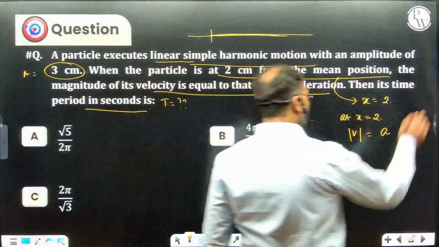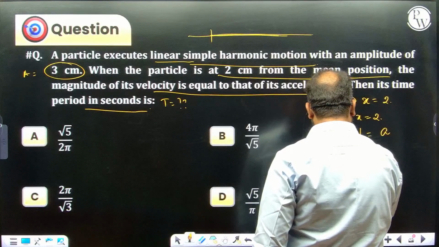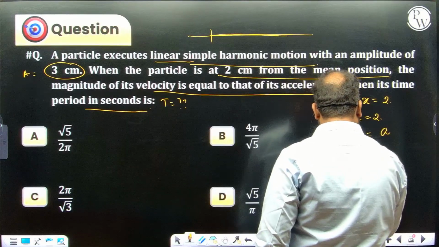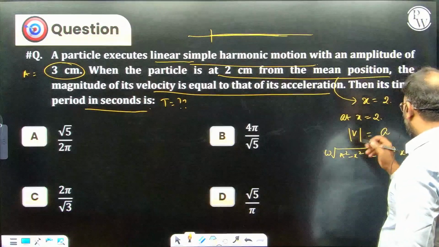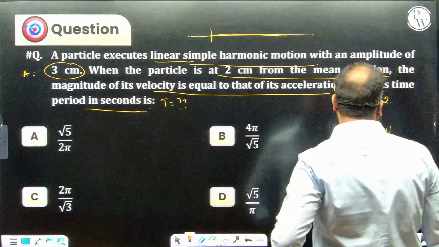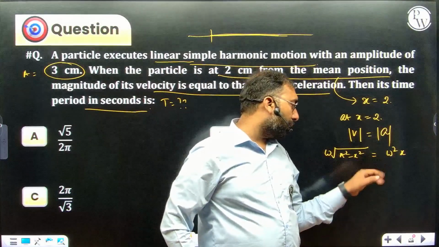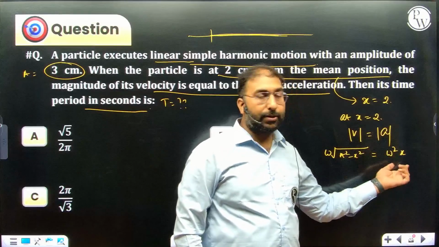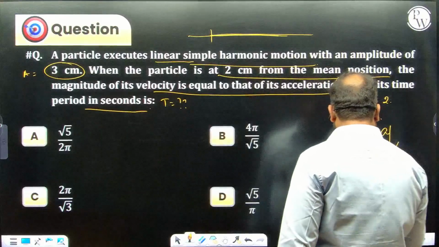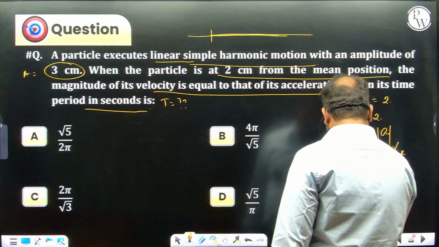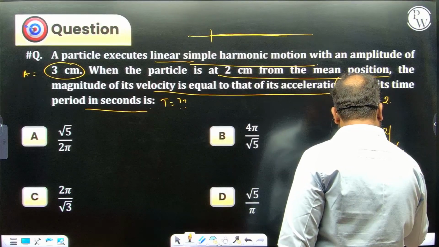Now I'll write down the equation. Magnitude of velocity is omega under root of a square minus x square, and acceleration is omega square x. I'm just writing the magnitude, so I'm not writing the negative sign. Solving this equation, I'm getting a square minus x square equals omega square x square.